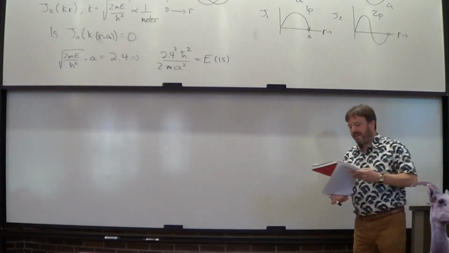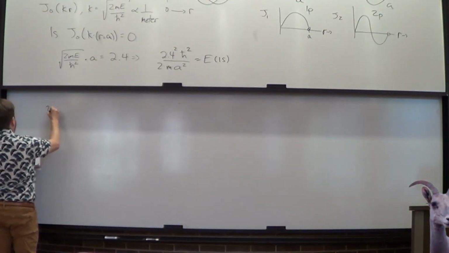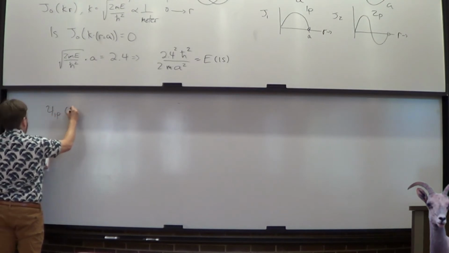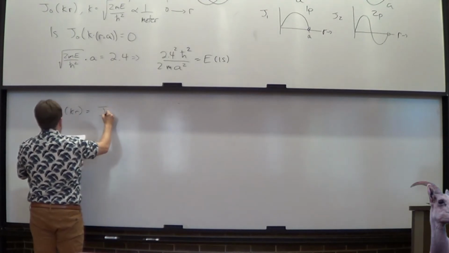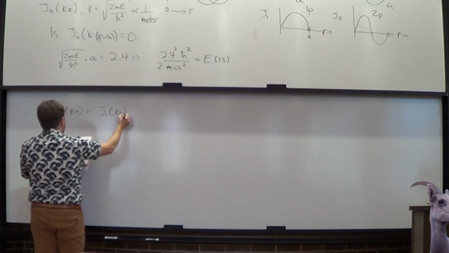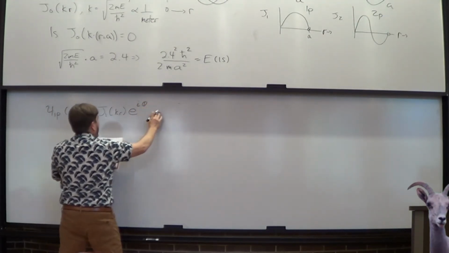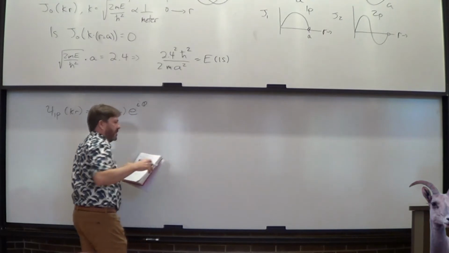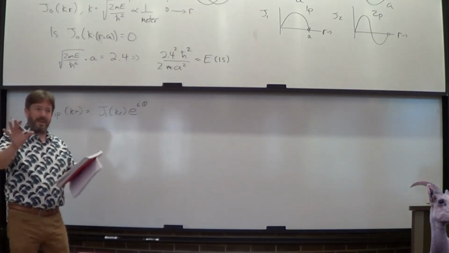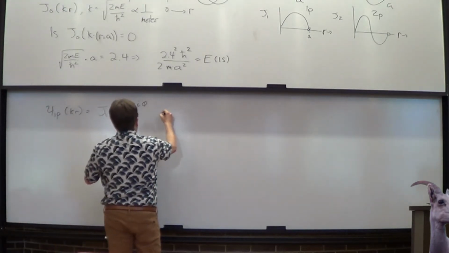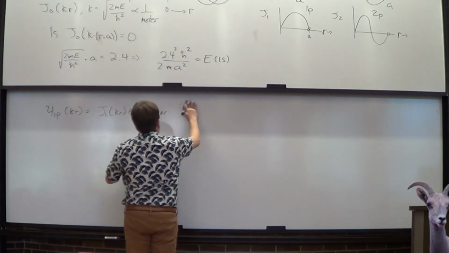On the surface of things, let's do the 1p state, J1(kr). Now remember that there will actually be 2 of them. I know you're used to there being 3 p states, px, py, and pz, but we don't have a z here, so there's only 2 of them. So you have two solutions.